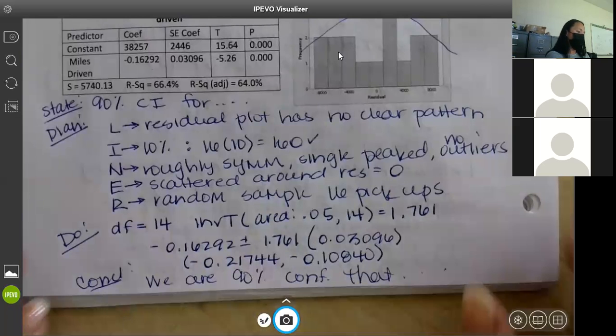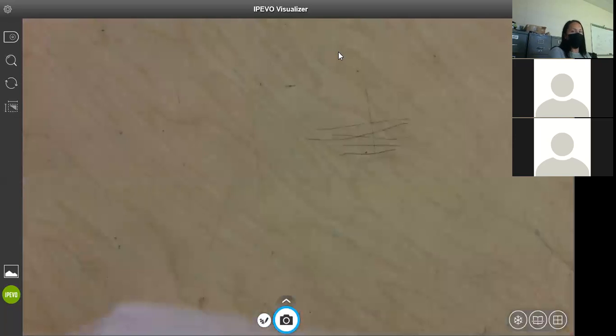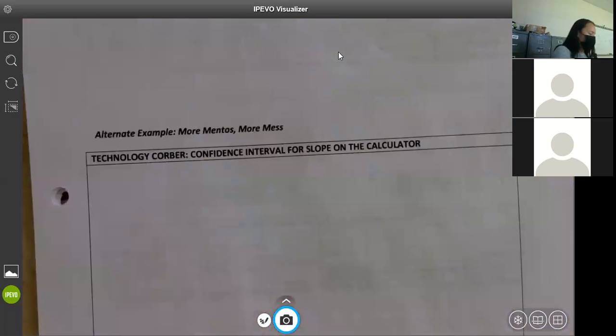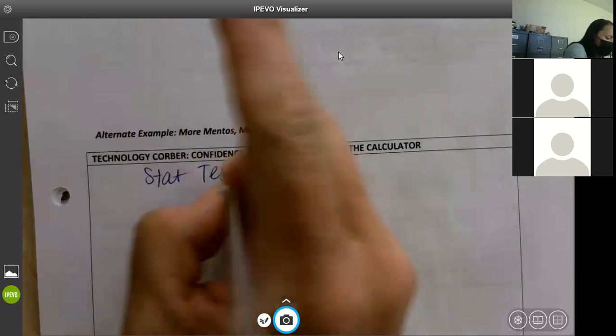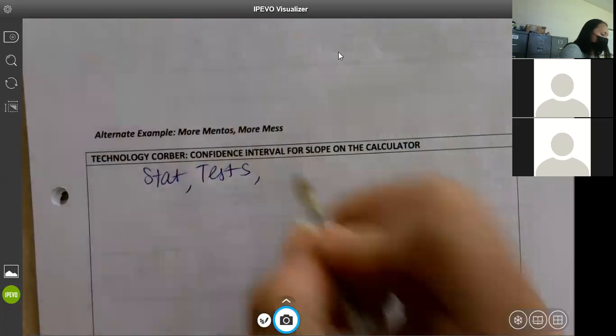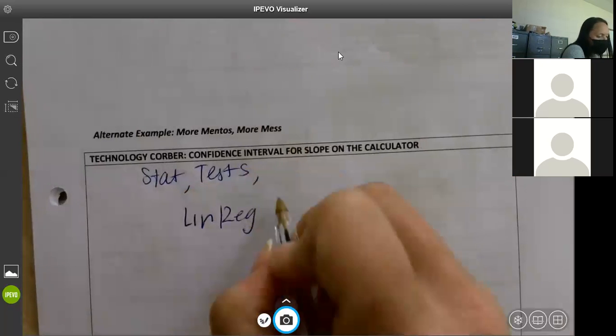When we flip this over, you'll see that's where I was saying you had extra room for that. We will do this, just not right now. I'm not making you put in all those values. You're going to go into stat, your test, and it's going to be a LinRegTInt, it's close to the bottom.